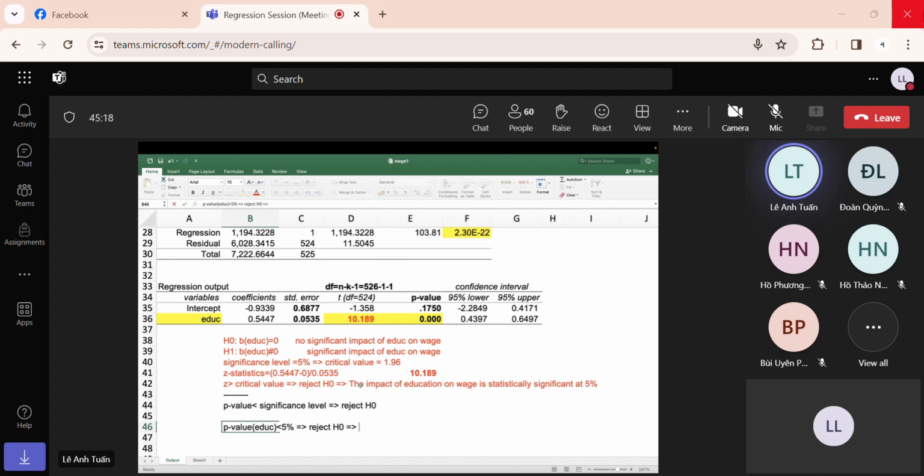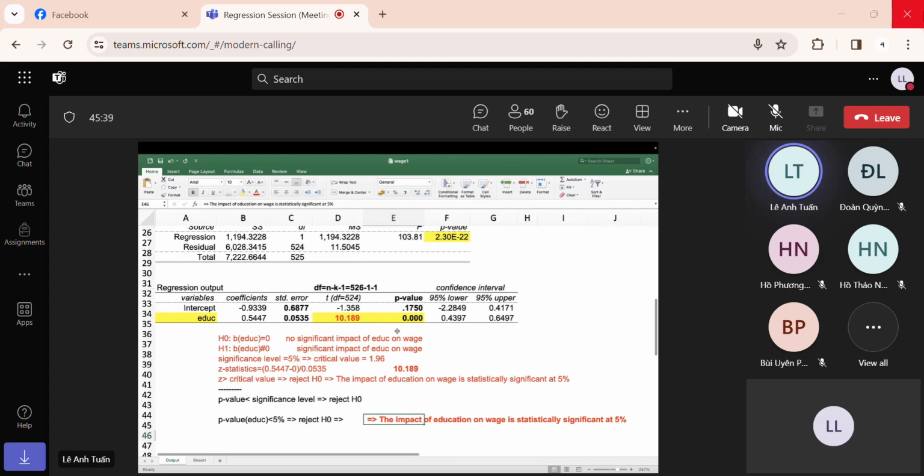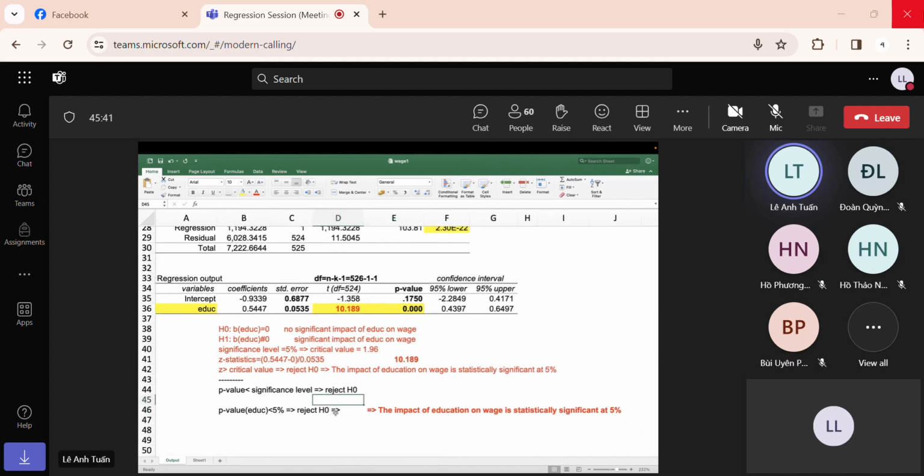That means the impact of education on wage is significant. The impact of education is significant at the 5% significance level. So for regression, it's easier for you to use the p-value to test the hypothesis.